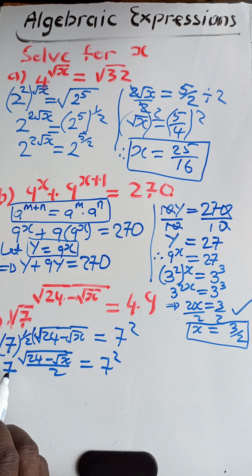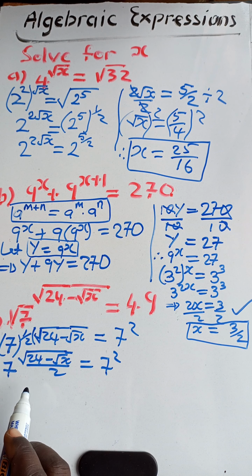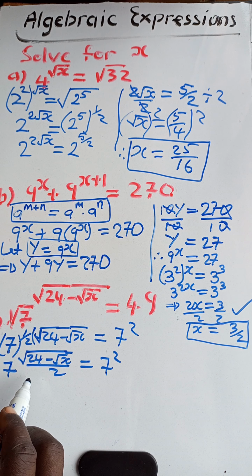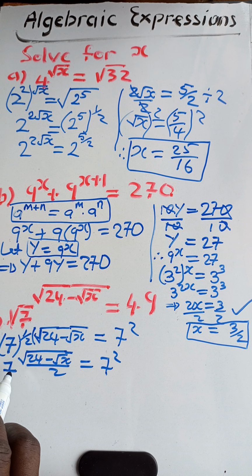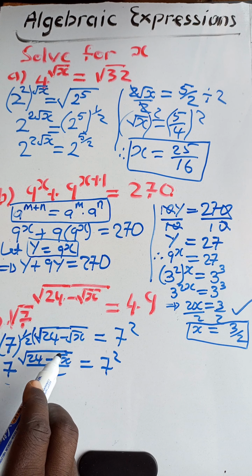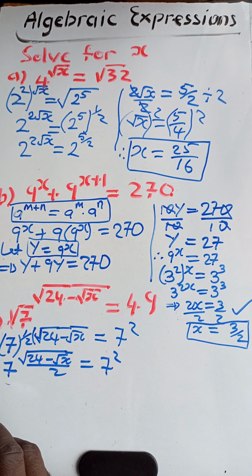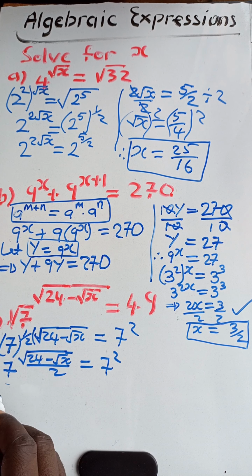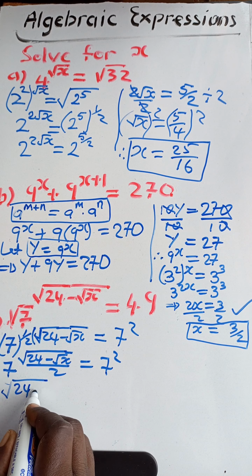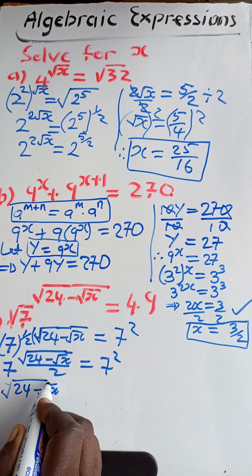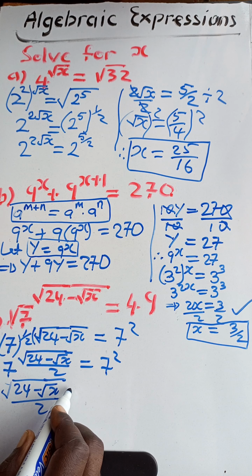Okay, once more we have arrived at the equality of two index expressions. This index expression equals this index expression. The bases are equal, so we also have the right to equate the powers. And so the power here is root 24 minus root x all over 2.